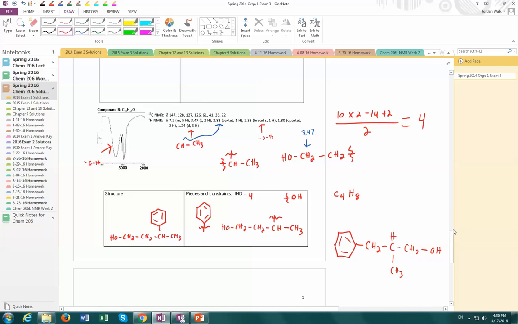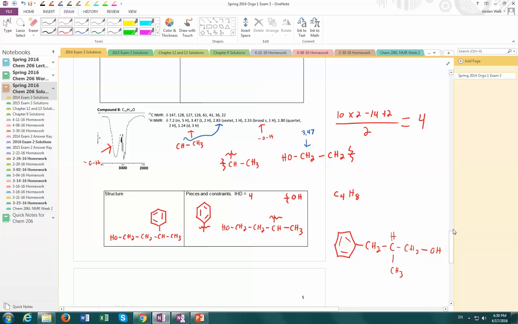We do have our methyl split into a doublet, and we have CH2s. One CH2 is a triplet, which makes sense, and then the other CH2 should be a quartet. And so that's another one, right? This would have to be a quartet, but we'd expect to see a doublet.